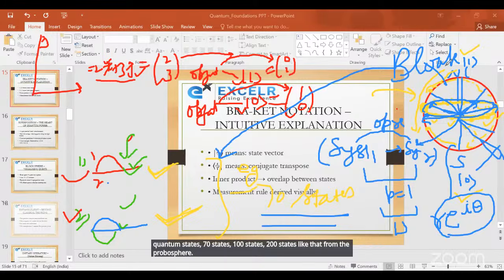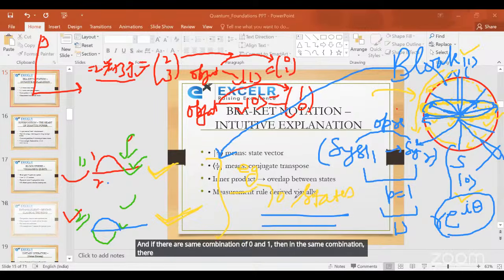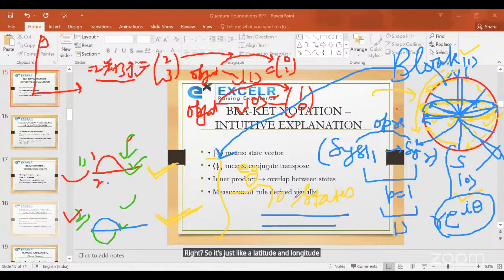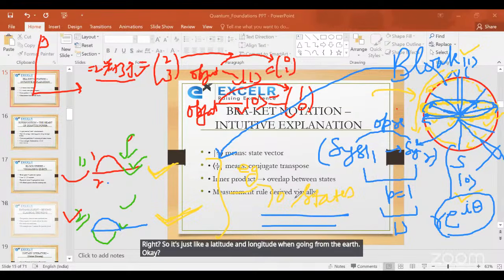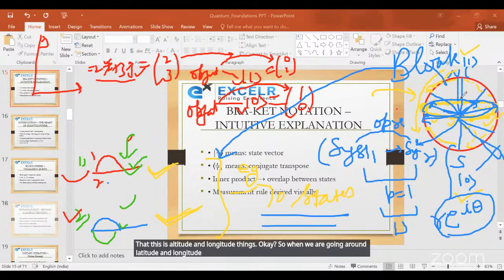So the Bloch sphere is used to represent different combinations of 0 and 1. And if there is the same combination of 0 and 1, then within the same combination there are different phases. It is just like latitude and longitude on the Earth, so you can take the same analogy here. When we go around latitude and longitude, the phase may change, the superposition of 0 and 1 may change.